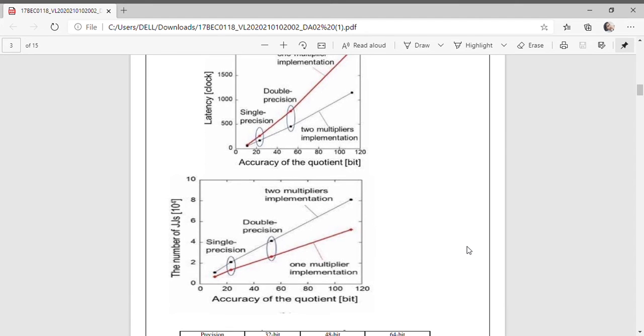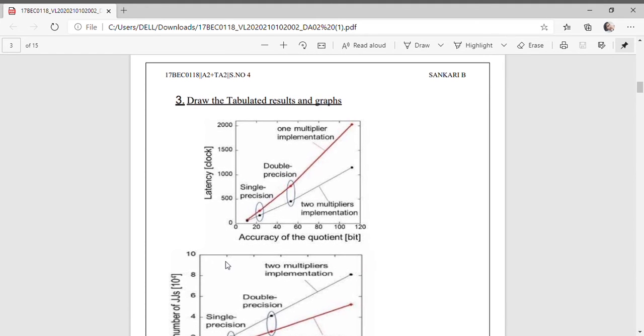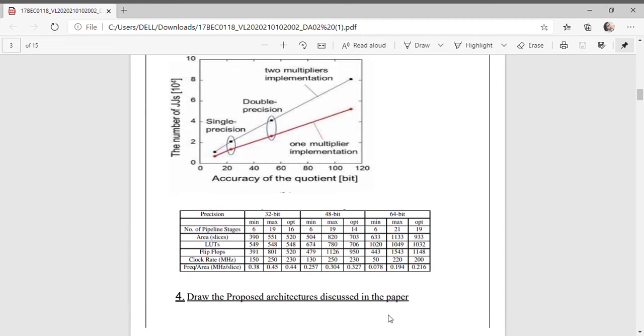To get a double precision divider we have to have more Josephson circuits. We can get maximum accuracy with about 27,000 Josephson circuits. And here, with the increase in latency, the accuracy of the quotient increases.